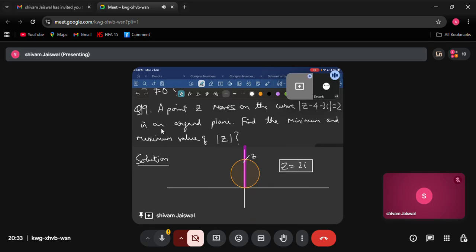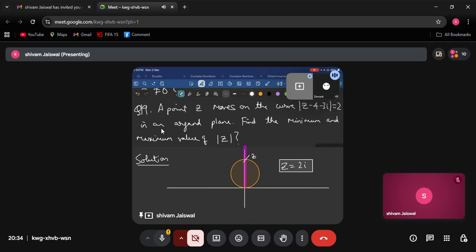Quickly solve, everyone. A point z moves on the curve. So again, a circle is given. You need to find out the minimum and maximum value of mod z.